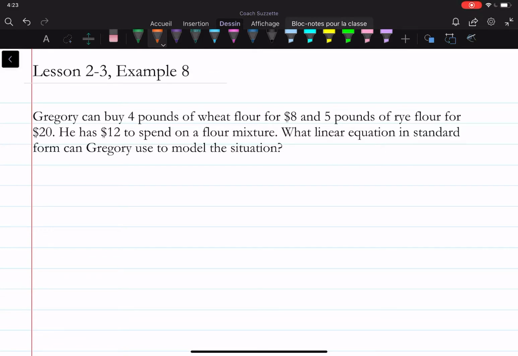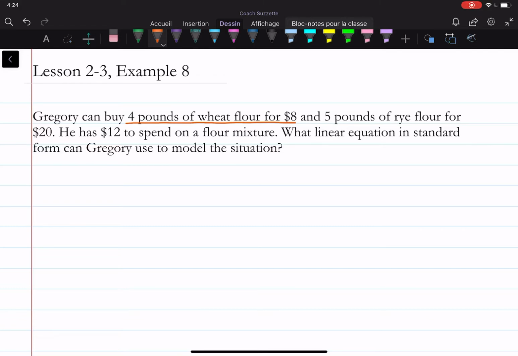Okay, so note the first quantity they gave us. They said 4 pounds of wheat flour is $8. So do we know how much it is for 1 pound of wheat flour? Well, sure, if we know 4 pounds is $8 and it's the same for every pound, we just do 8 divided by 4.